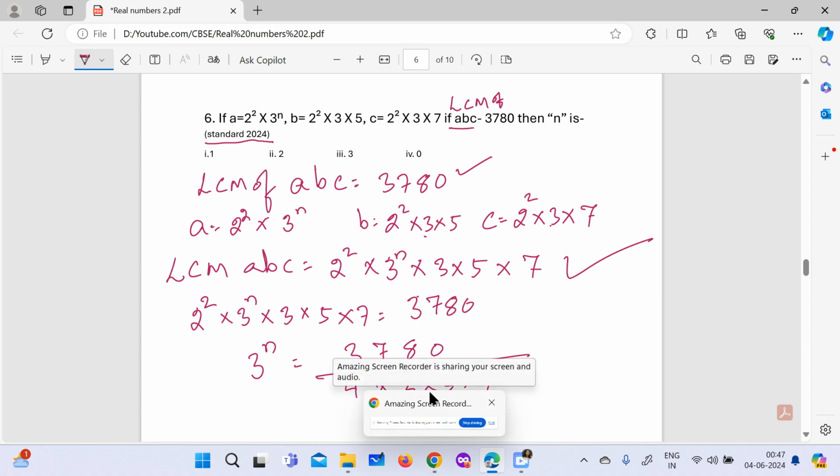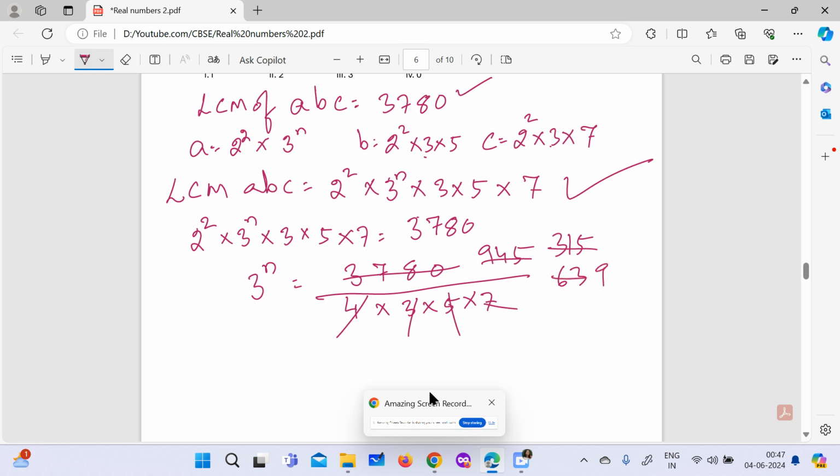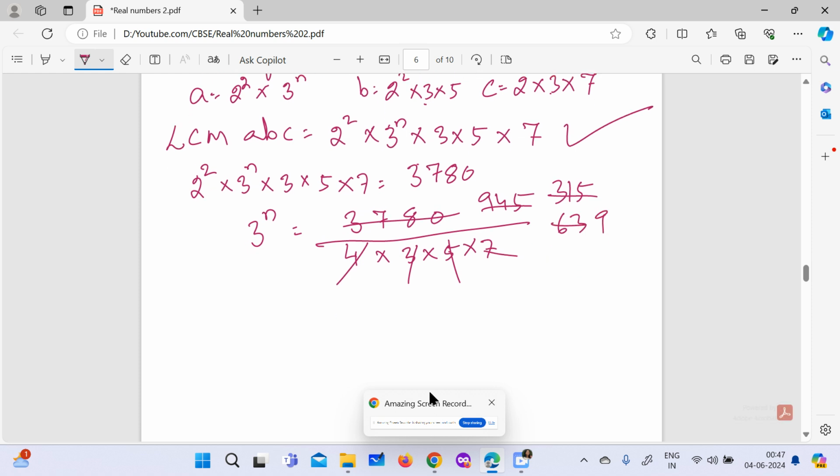Now we can cancel them. So 4 nines are 36, 4 fours 16, 4 fives 20, and then 3 threes 9, 3 ones 3, 3 fives 15, and 5 sixes 30, and 5 threes 15, and then we get 7 nines is 63. So we got 3 to the power of n equals 9.